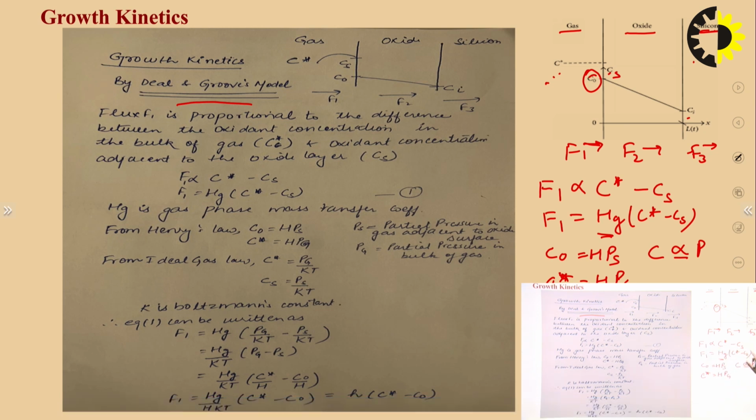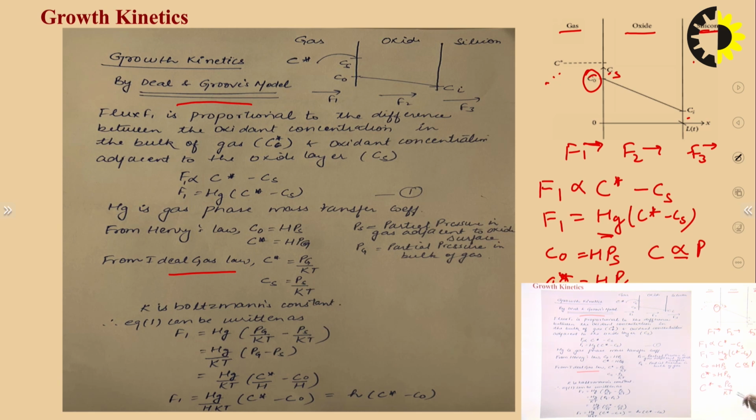First we used flux F1, and then we used Henry's law. Afterwards we used the ideal gas law. What does the ideal gas law say? It says that your concentration C star is equal to Pg upon kT.